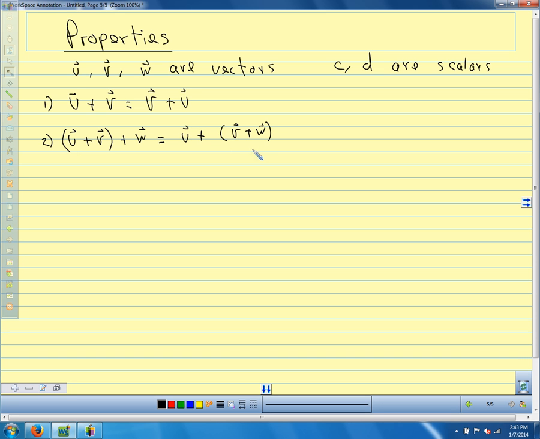So this is our associative property. If we add the zero vector to any vector, we just get the vector back. So the zero vector is what we call our additive identity.